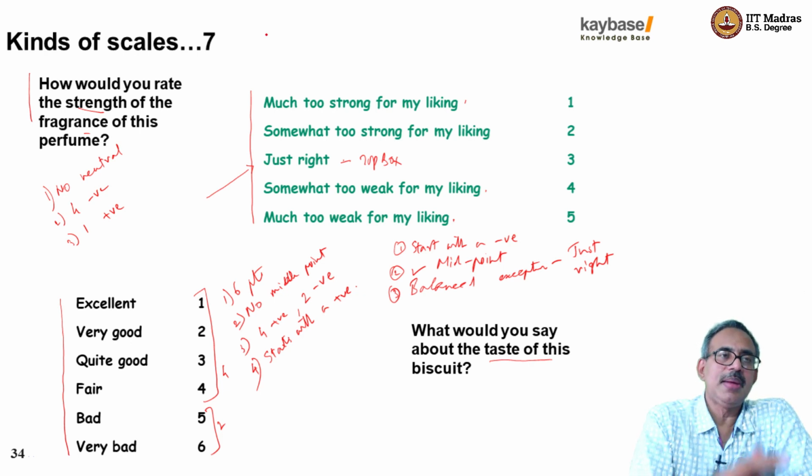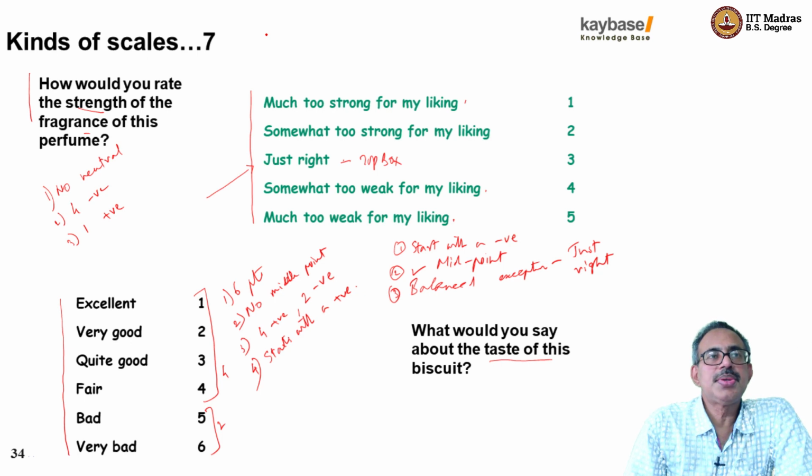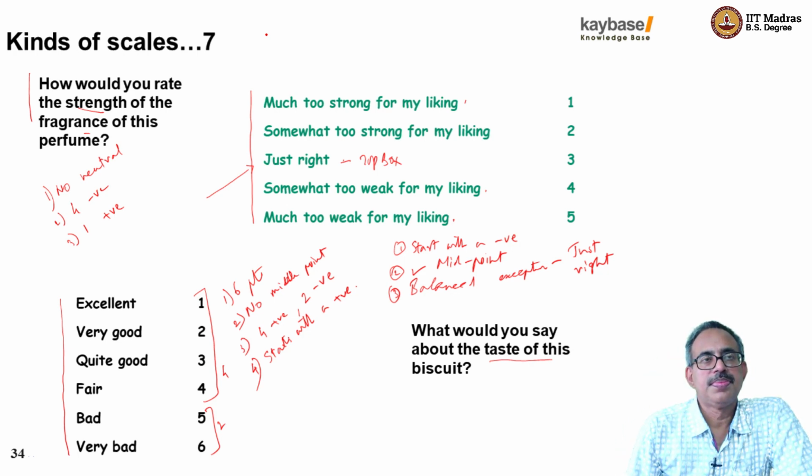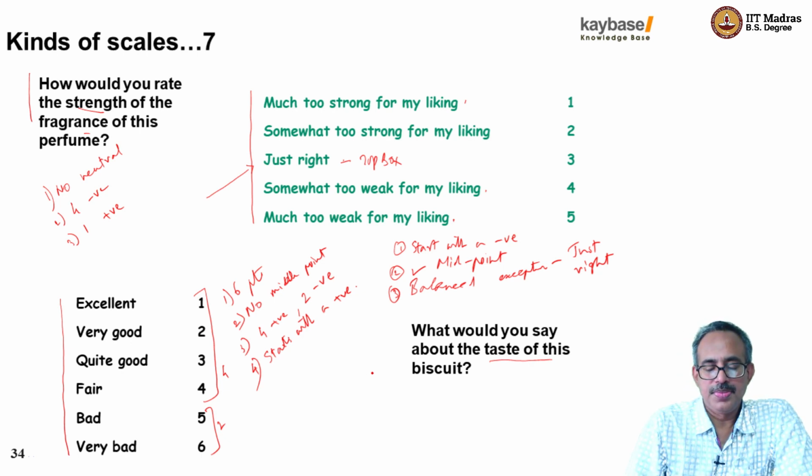In which case, I'm asking you to construct a 5-point balanced scale with a midpoint, and you're supposed to measure the person's liking towards the fragrance. How would you construct that scale? What will be the options? You must have 5 points. It must be balanced. You must have a midpoint. And you're trying to measure the person's liking towards the fragrance. So what should be the scale?